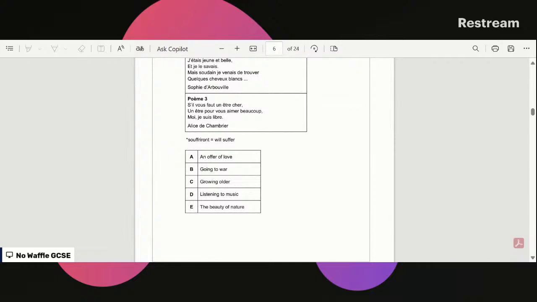Let me try and get to doing a Quizlet Live because the link's not working.